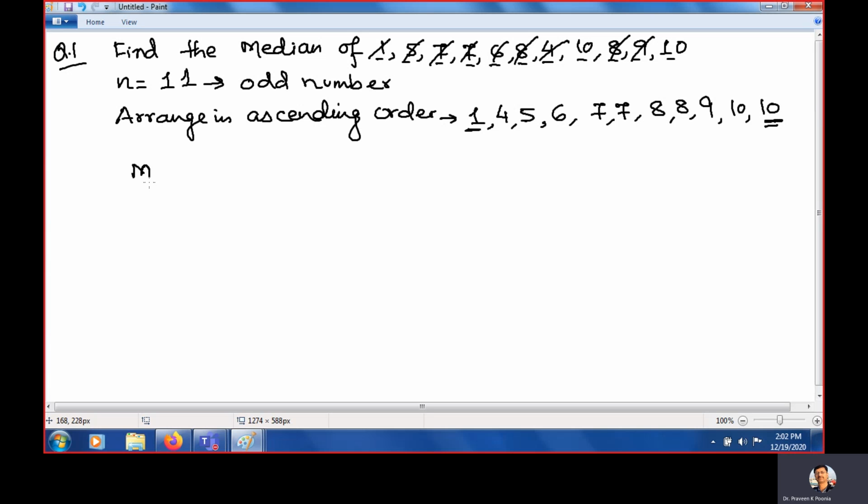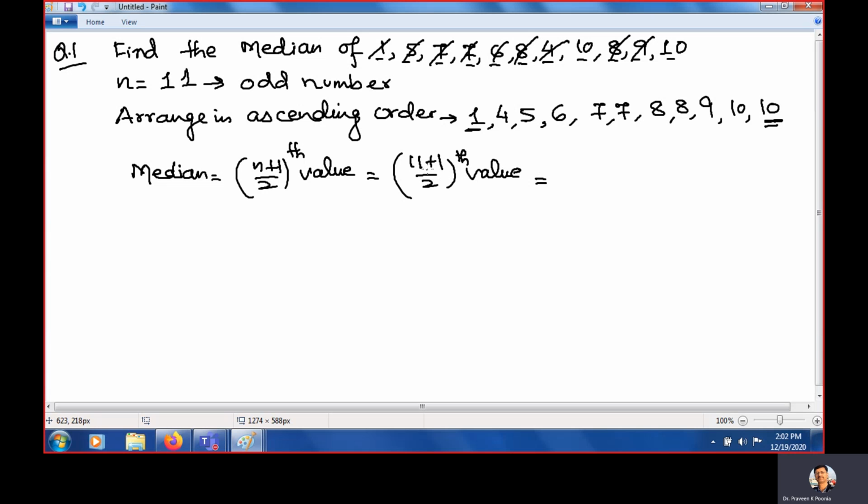Clear? Then median is equal to the (n plus 1) upon 2th value. What is the n? 11. So (11 plus 1) upon 2th value. 11 plus 1 is 12. 12 divided by 2 is the 6th value.